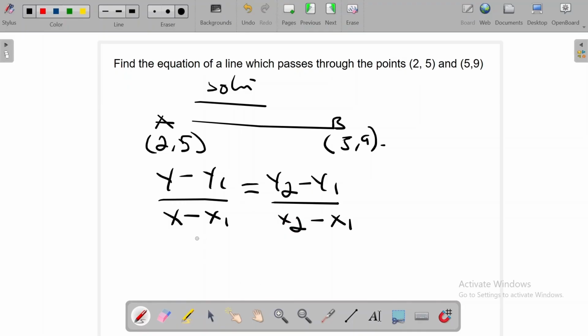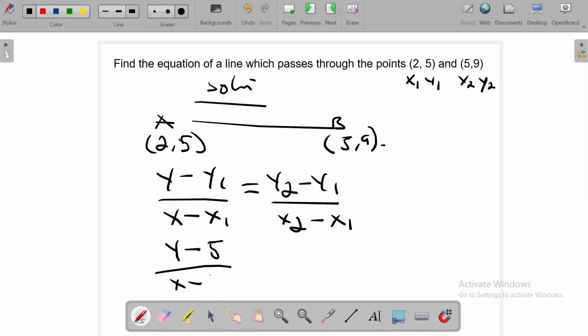So if I'm to simplify this, let's call this x1, y1 and x2, y2. So to substitute, my y would not be known. What is my y1? That is 5, and my x1 is 2.